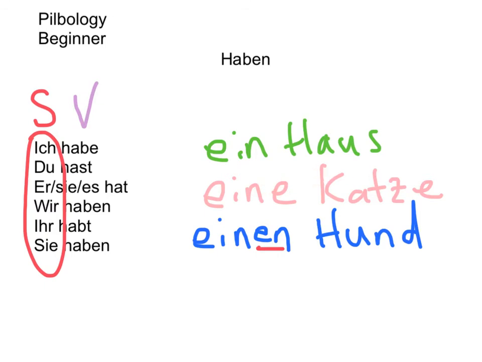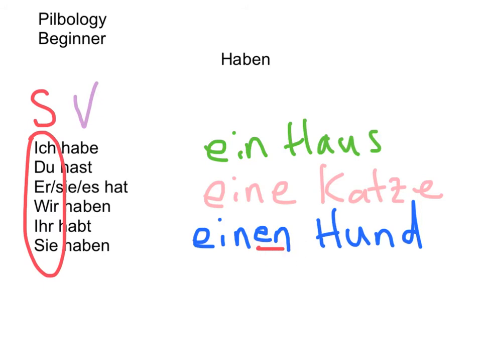If it's a die word or a das word, it's not going to have a change to it. It's important to learn them. So don't just learn, oh, Hund means dog, Katze means cat, and house is house. It's important to learn that it's das Haus, die Katze, der Hund, or der Mann, for this very reason. And then you will not ever get caught out.